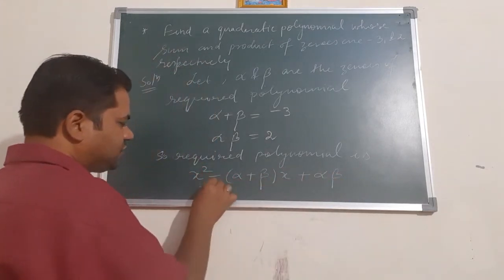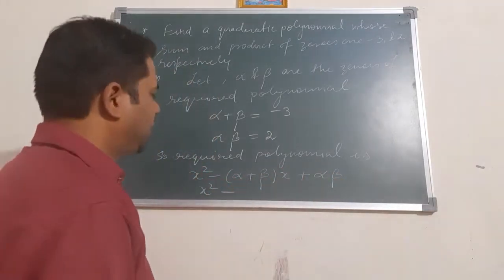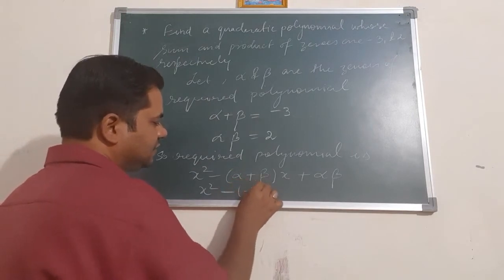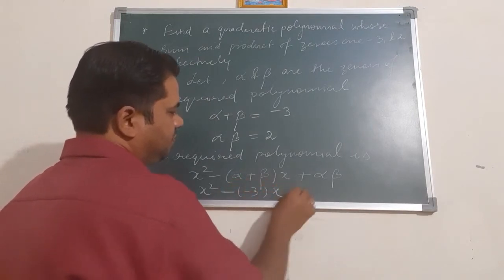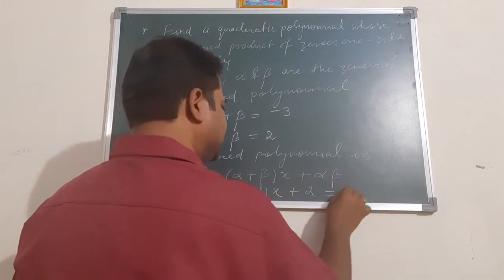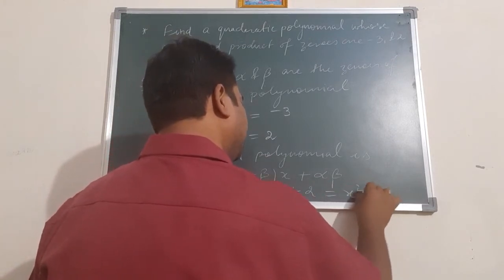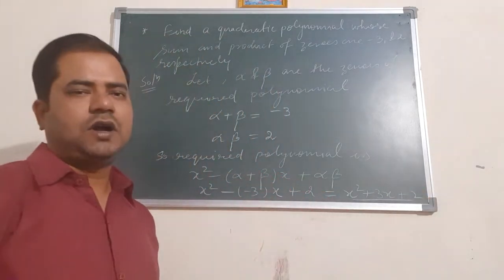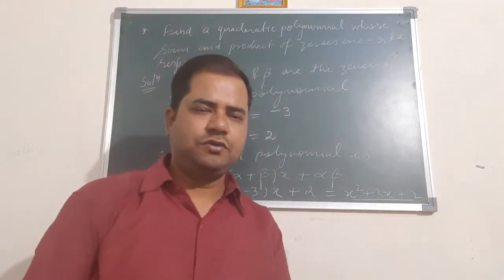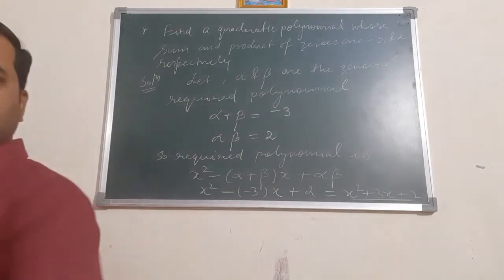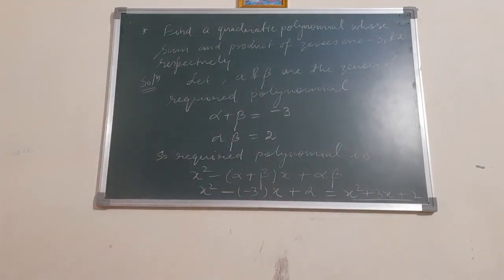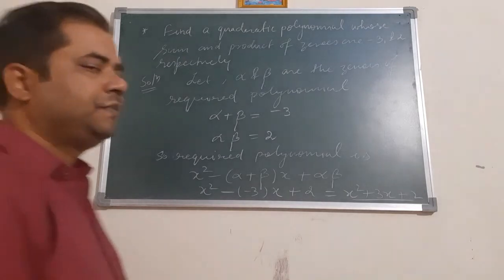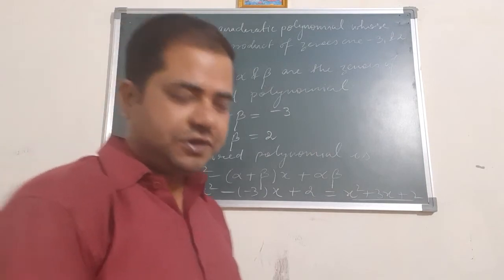So x square minus of minus 3 x plus 2, and this is nothing but x square plus 3x plus 2. This is your required polynomial. So note it down. Okay, I hope you completed this one.